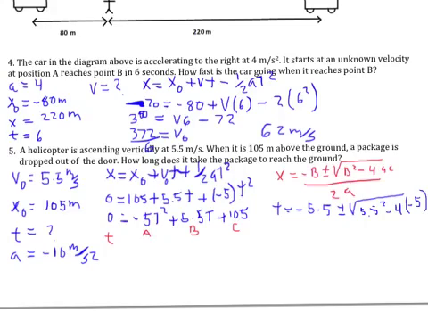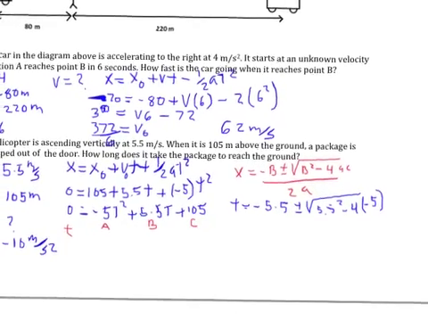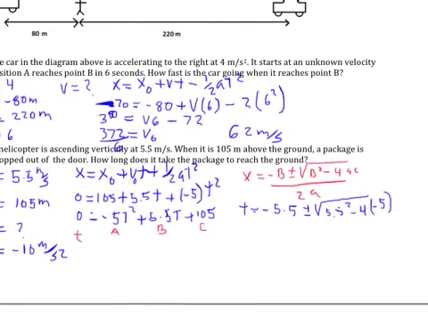And then that's times 105, because c is 105. All that under the square root. And don't forget, this is all divided by 2a, so that's -10.